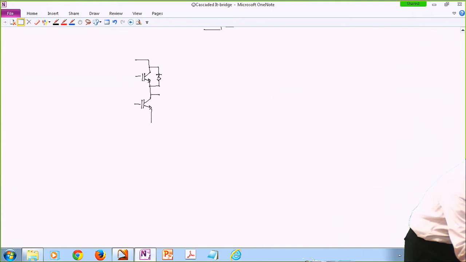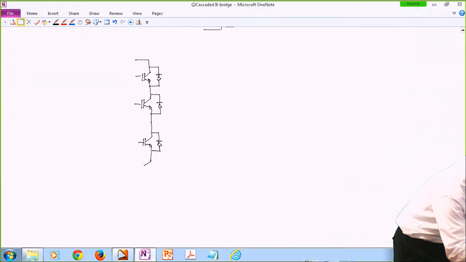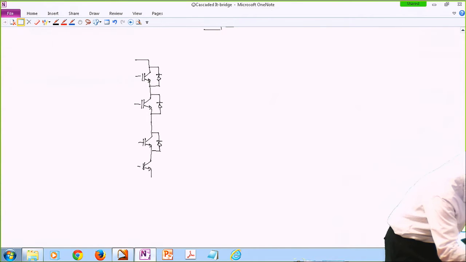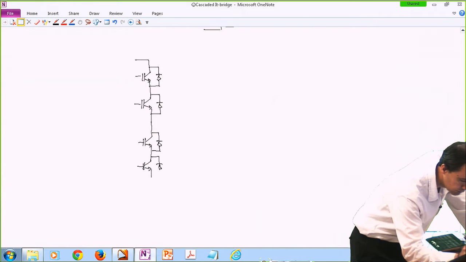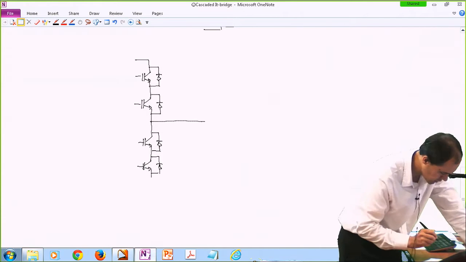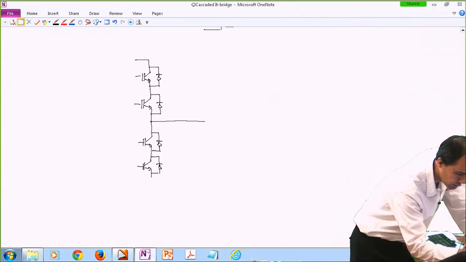All of these transistors, in this case I'm drawing them using IGBTs, have the anti-parallel diode because the current is bidirectional. This is the pole, and then I have two diodes.